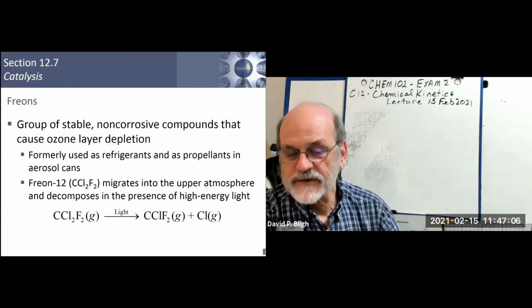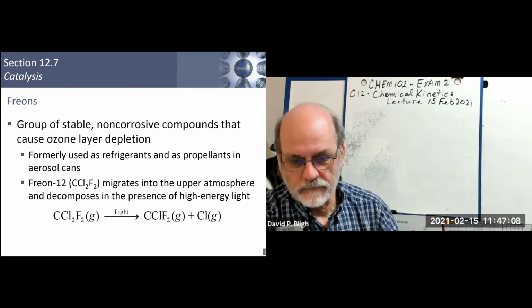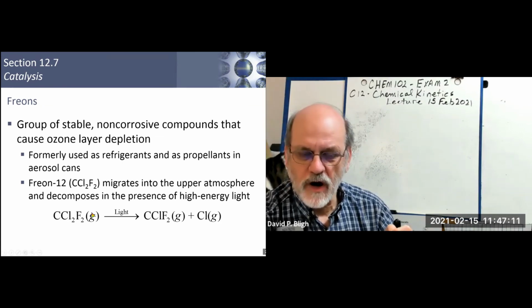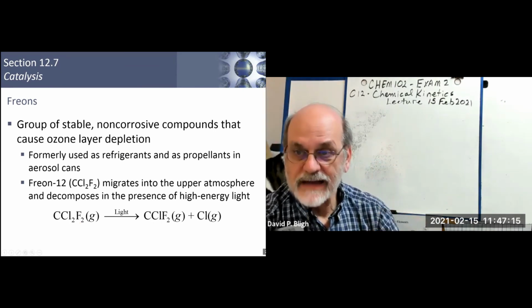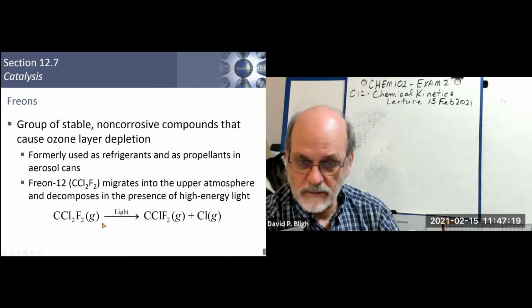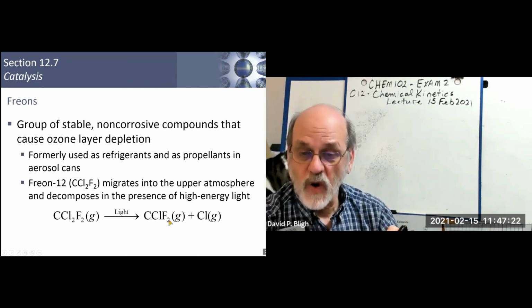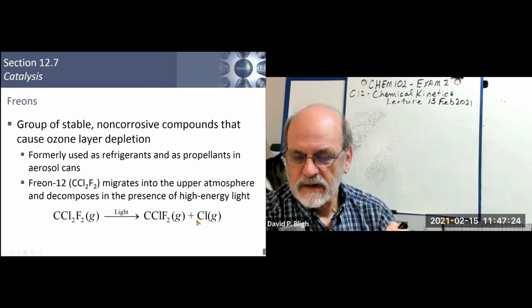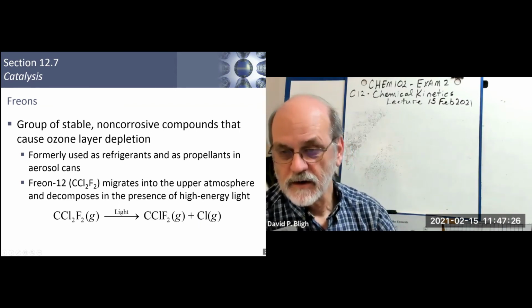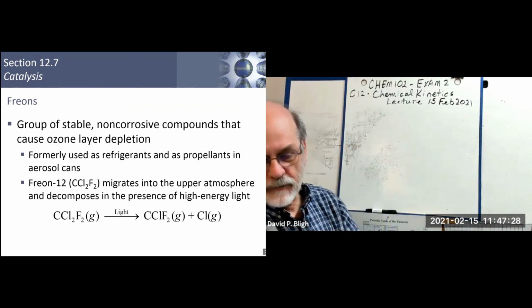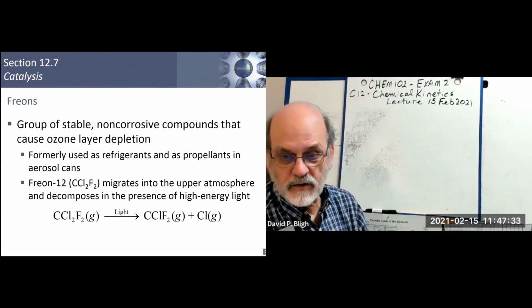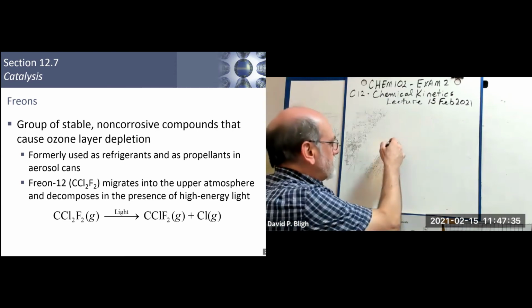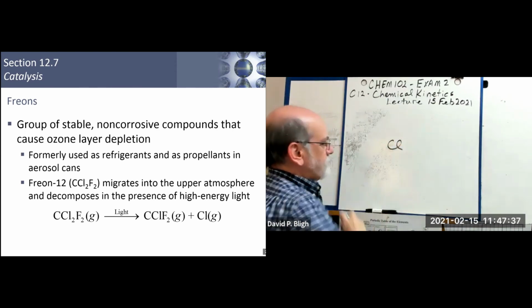Fluorocarbons have a similar effect on the ozone. What happens is when these fluorocarbons migrate into the upper atmosphere, light adds the energy required to convert them into free radicals. Right? Remember what a free radical is. A free radical is any atom or compound that has an unpaired electron. In this case, it's chlorine. Okay?